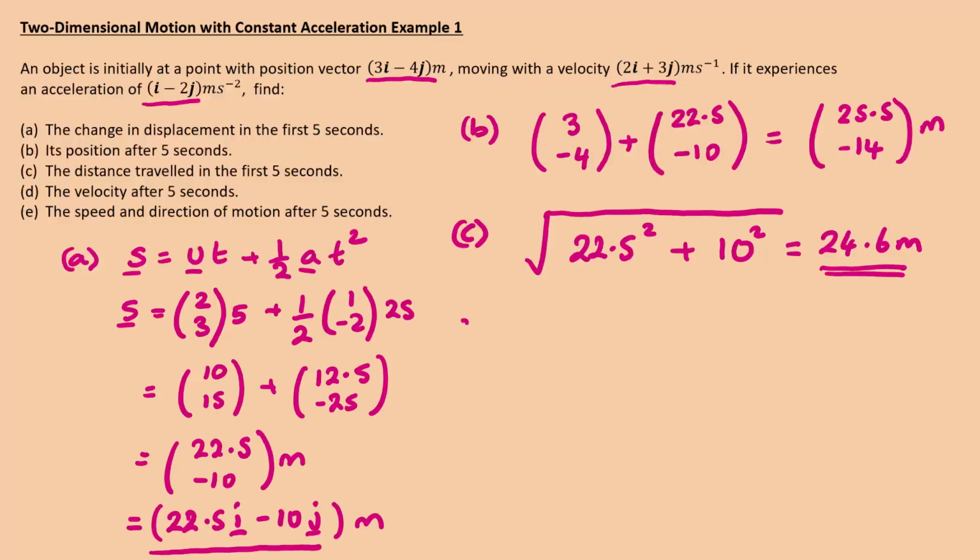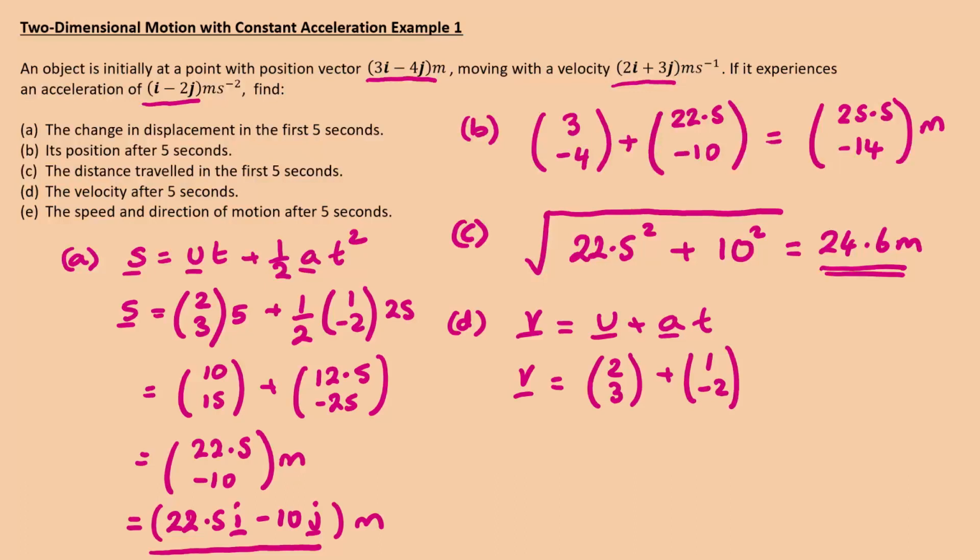So now we're going to move on to velocity, and I'm going to use v equals u plus at. So that's going to be equal to the initial velocity, 2, 3, and then the acceleration is 1, negative 2, and the time once again is 5.